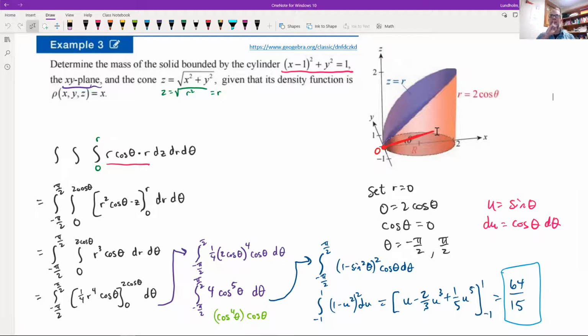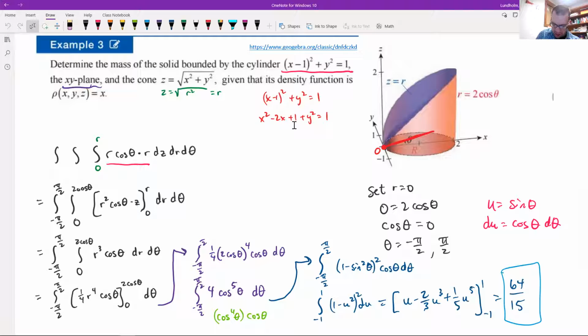So, if we expanded this thing out, we'd have x minus 1 squared plus y squared equals 1. x squared minus 2x plus 1 plus y squared equals 1. Then we could change the x squared plus y squared into r squared, and we could change the minus 2x into minus 2r cosine theta.